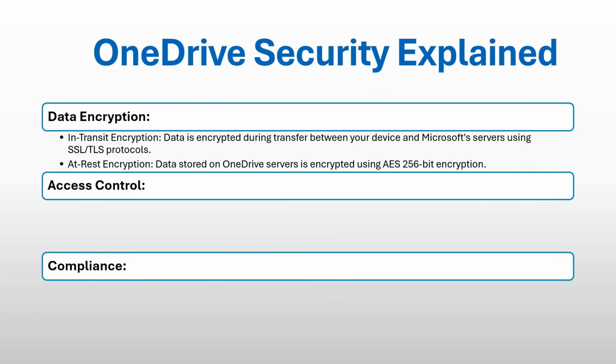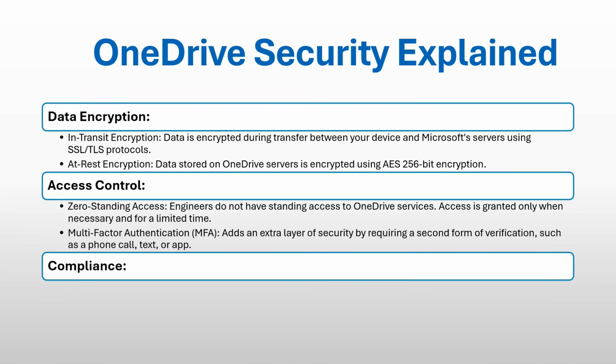So basically, between your device and Microsoft servers, it uses SSL or TLS protocols. Right? So those are secure socket layer. So some modern protocols there. And as far as at-rest encryption, so if data is stored in OneDrive, we're using AES 256-bit encryption. So pretty nice encryption to be able to use there.